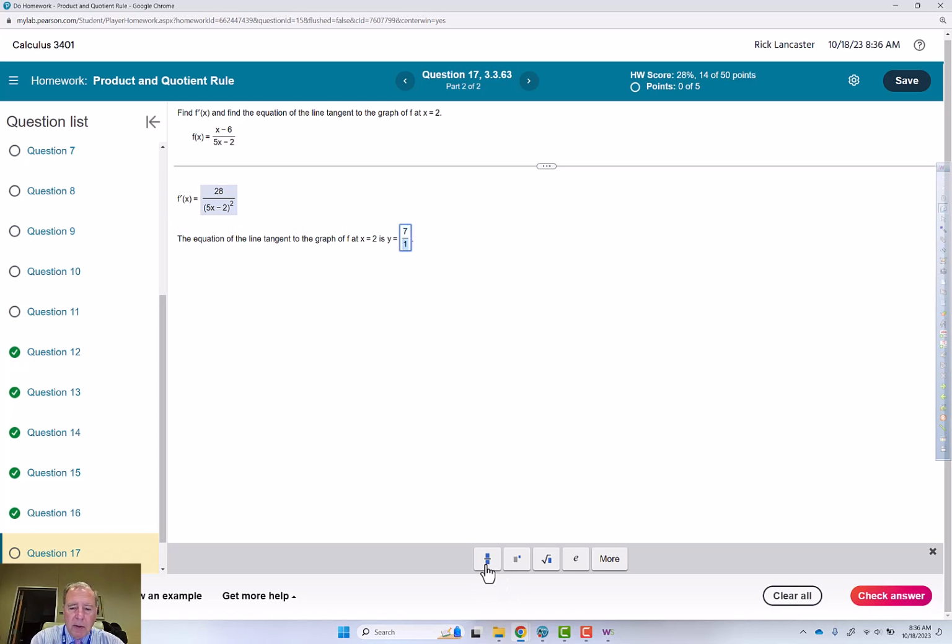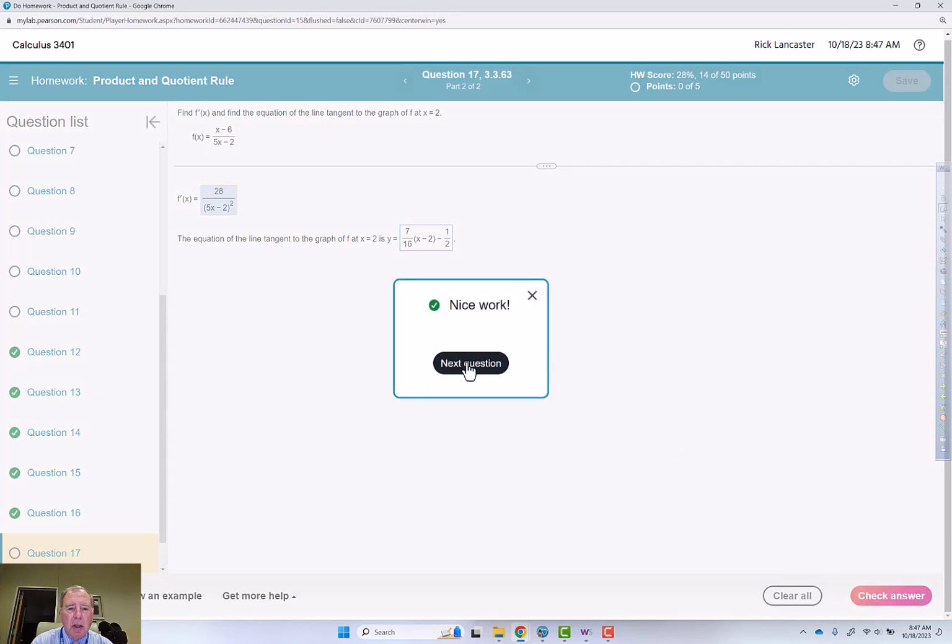Seven over 16, then get out of the fraction, parenthesis, x minus 2, and minus 1/2. Check answer. Nice work.